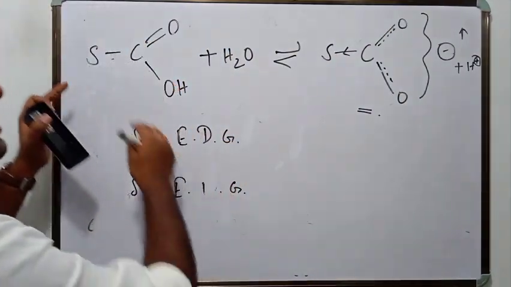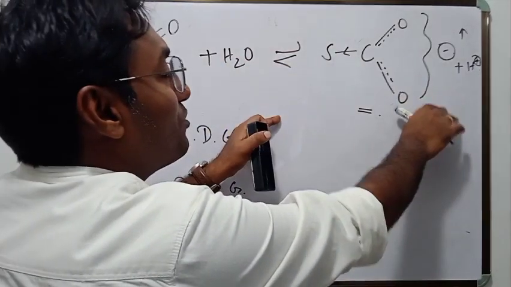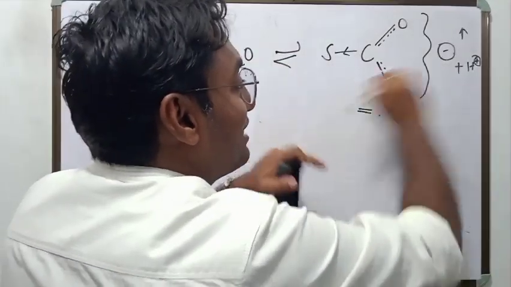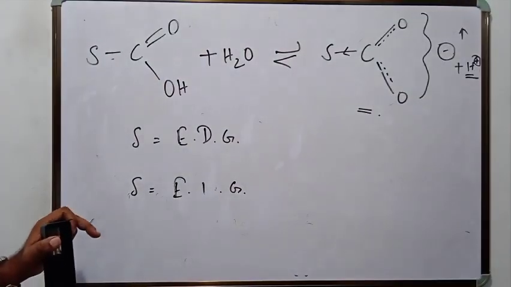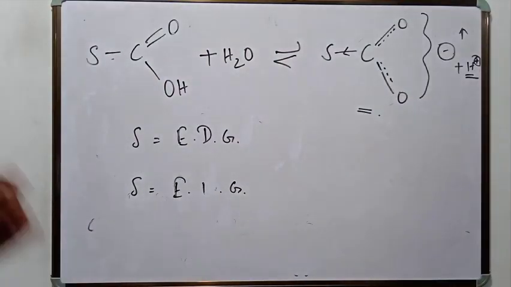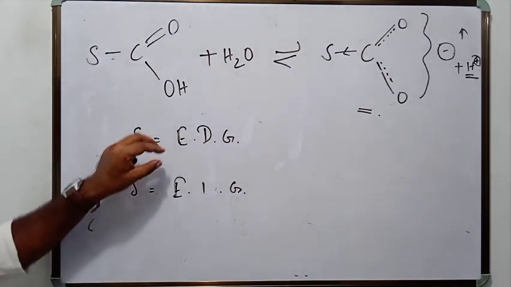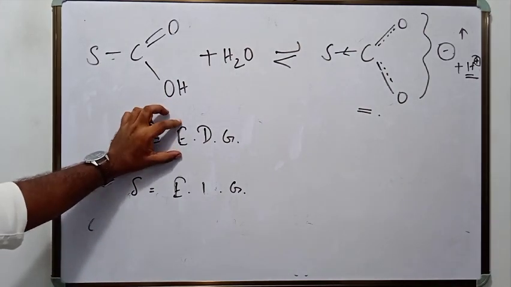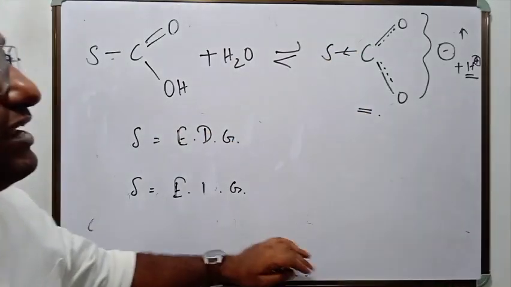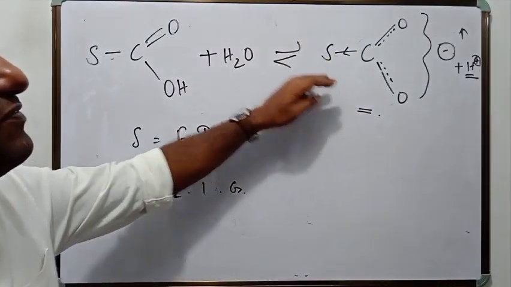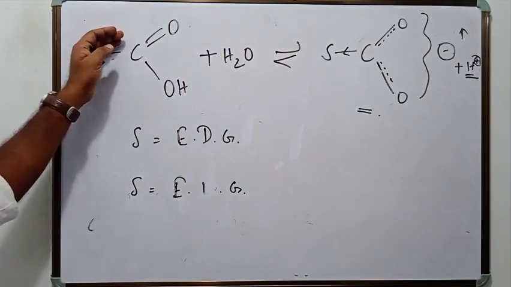And the reaction will proceed in the forward direction, resulting in more formation of H plus. That would make it more acidic. So electron donating groups make the carboxylate salt less stable and the corresponding carboxylic acid less acidic.